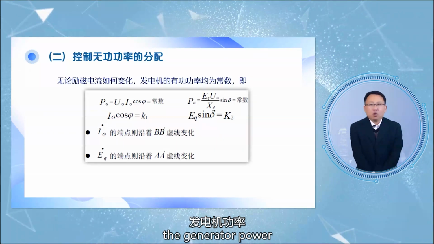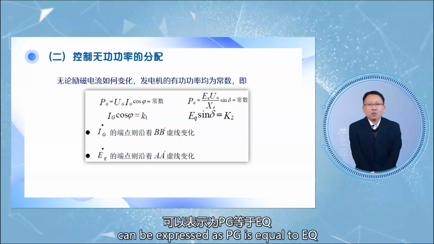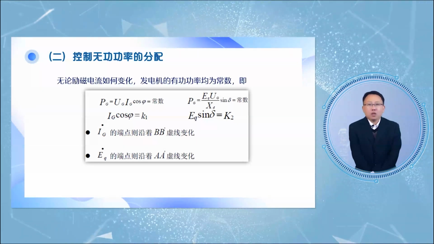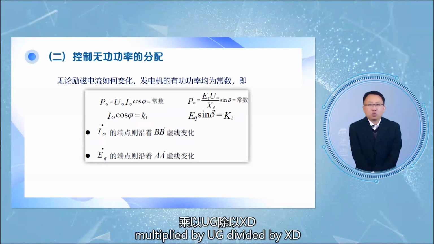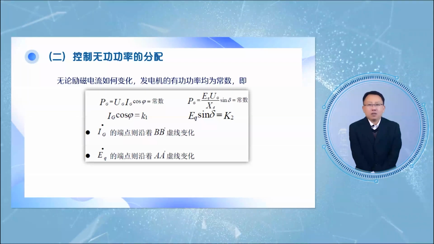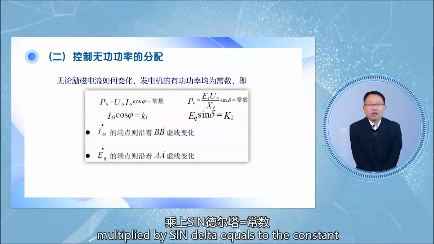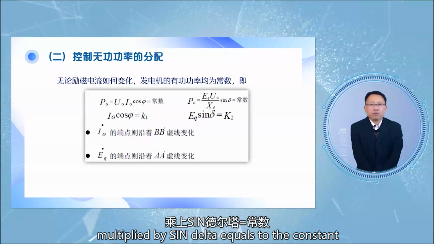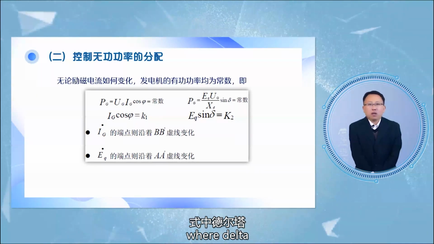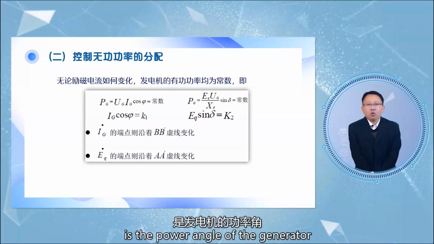The generator power can be expressed as PG equals EQ multiplied by UG divided by XD, multiplied by sin delta, which equals a constant, where delta is the power angle of the generator.